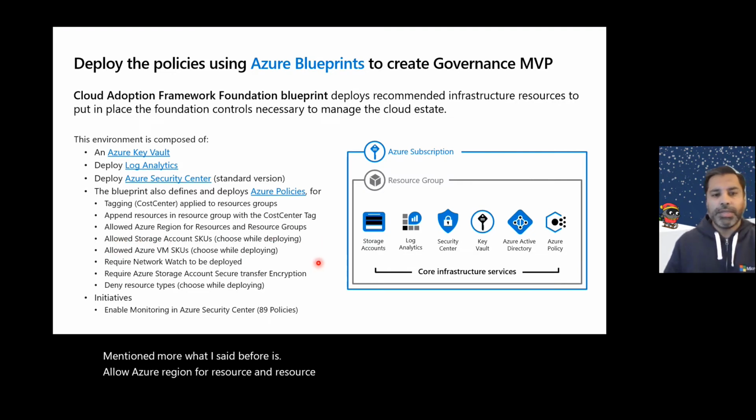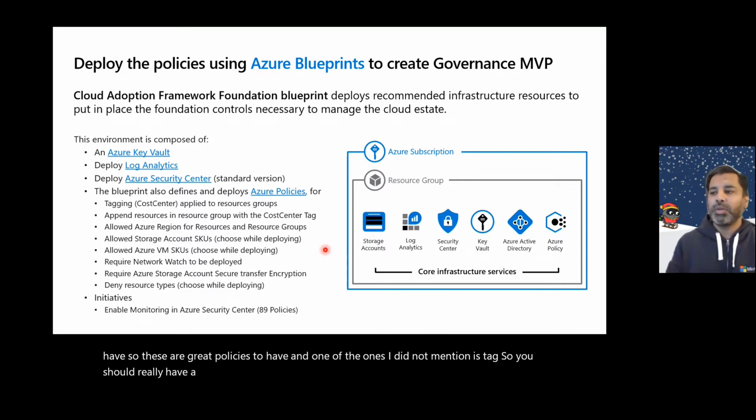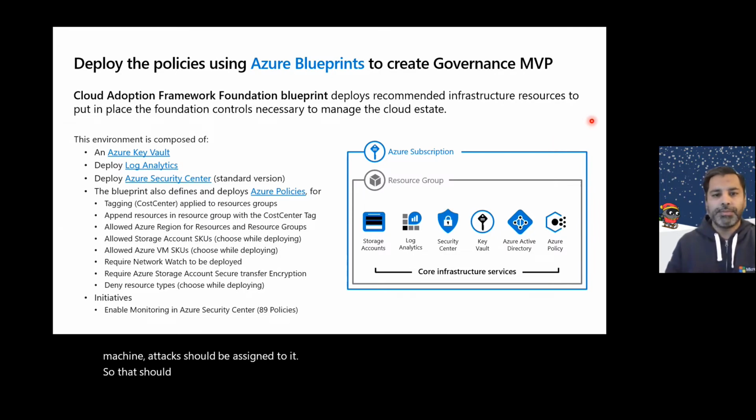These are great policies to have. And one I did not mention is tags. You should have an Azure policy that assigns or forces a tag whenever you're spinning up a new resource. For example, anytime you spin up a new virtual machine, a tag should be assigned to it. So that should be a policy there.